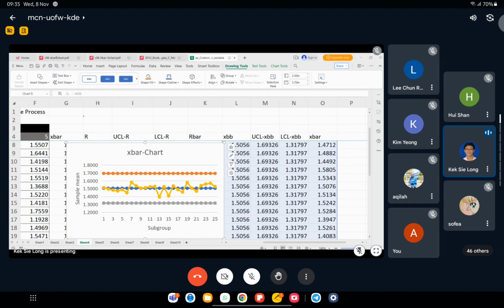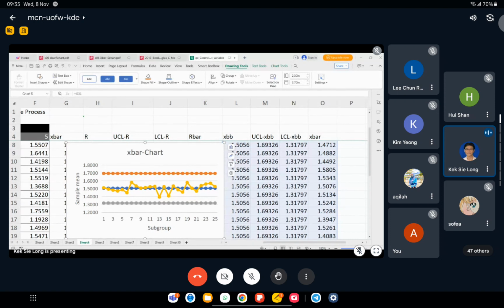If you use a calculator or do it manually, can you calculate each of them? Sometimes we are given 50 data. When the data are so many, to calculate X bar bar and R bar is time consuming. So that's why it is better we understand how to use software.